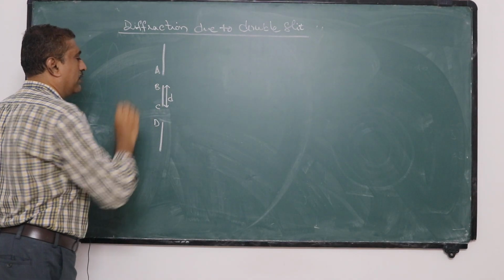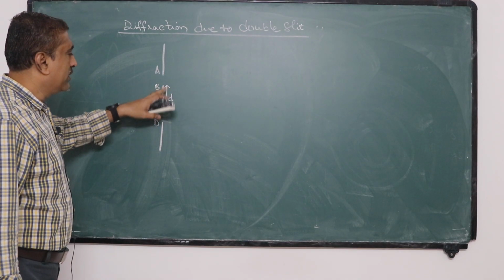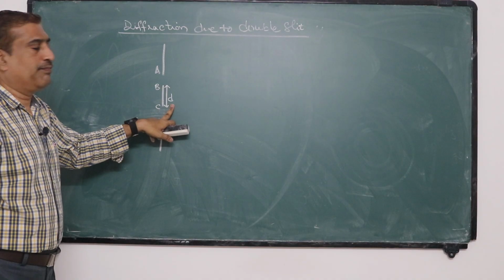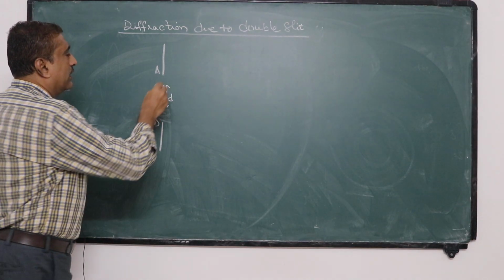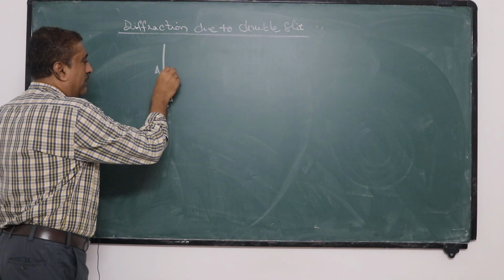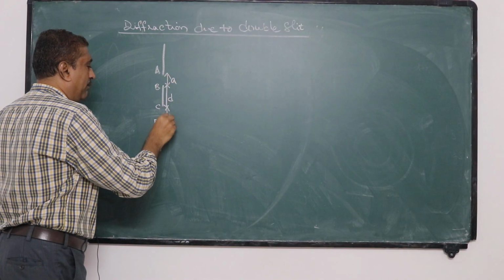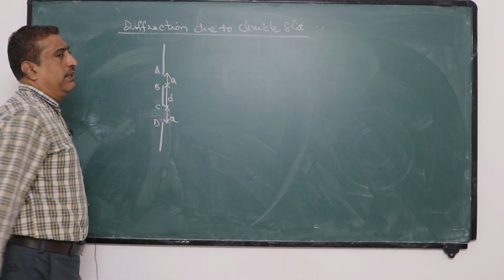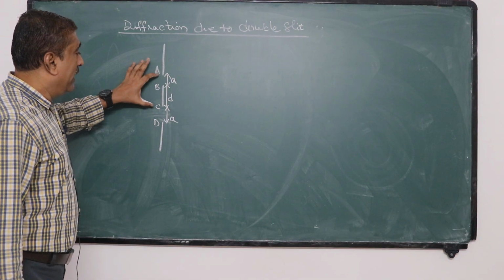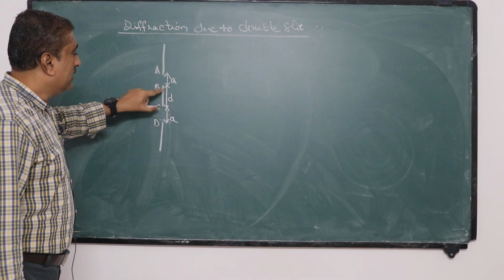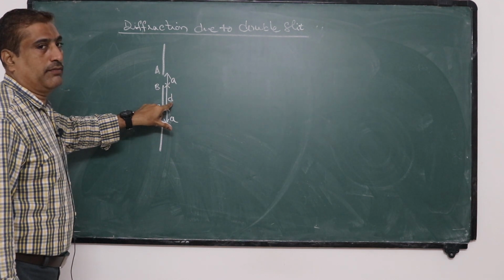Assume that the separation between the slits is small d. Then already we have assumed that they are of identical width, means both have the same width a. Identical means same width. So two identical slits separated by an opaque distance d.